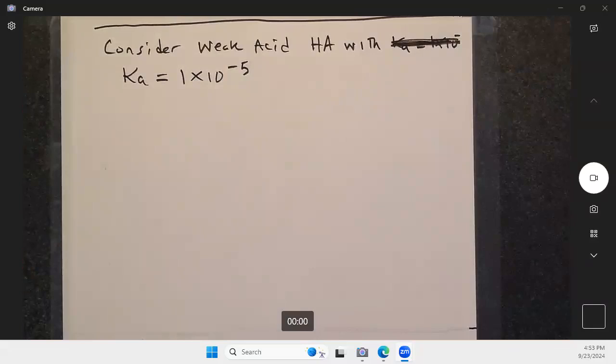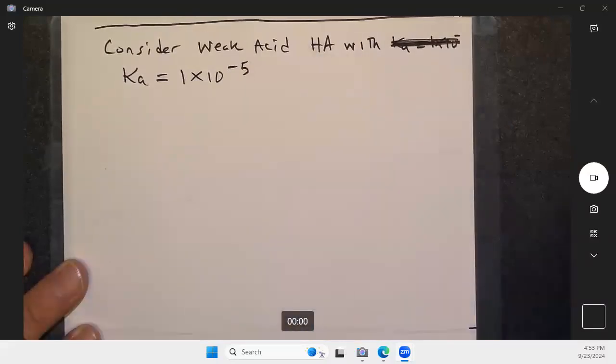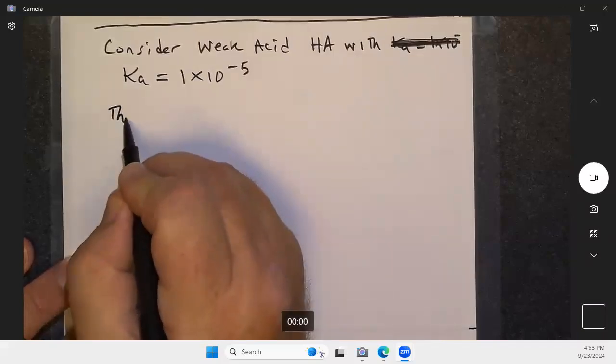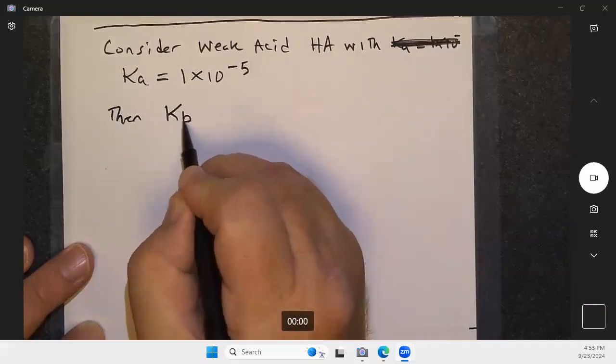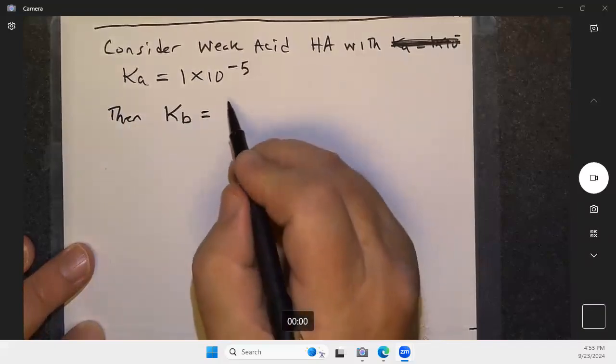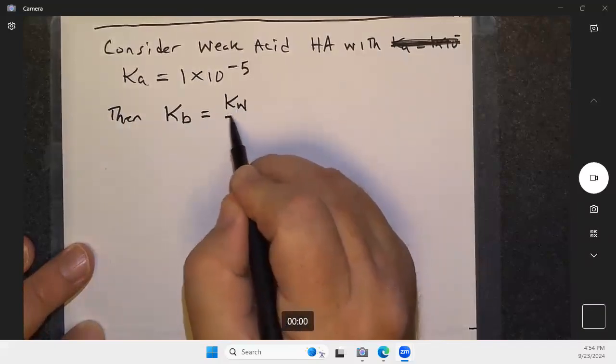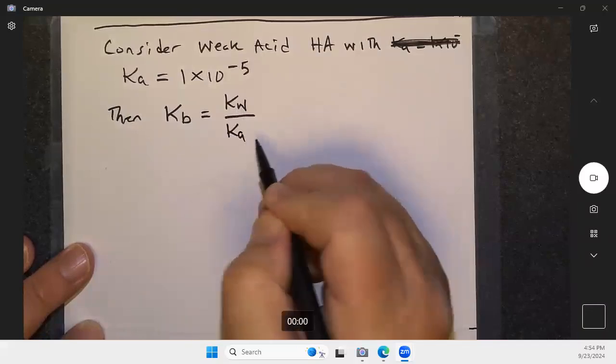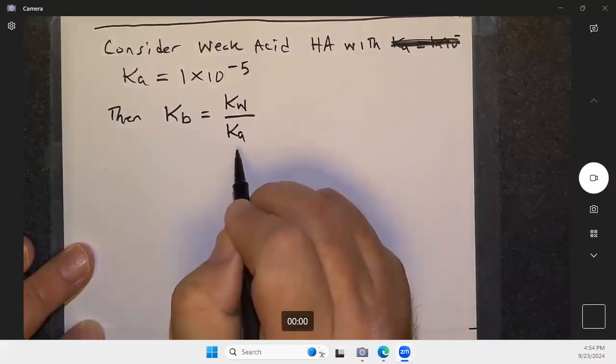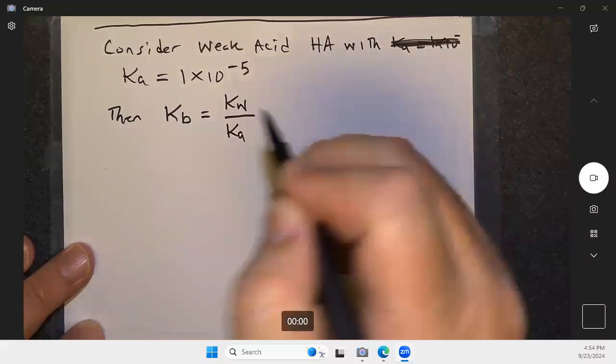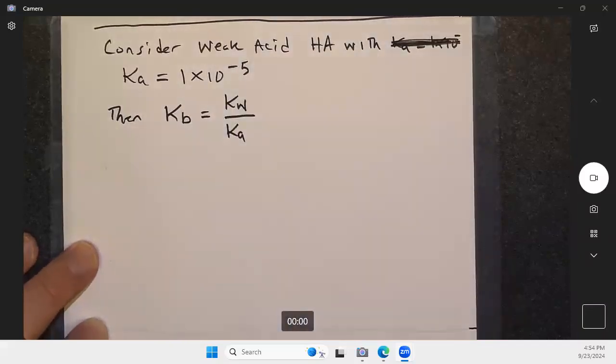And so if we have a weak acid HA with a Ka of 1 times 10 to the minus 5th, then Kb is equal to Kw over Ka, where Ka is the Ka for that generic weak acid.